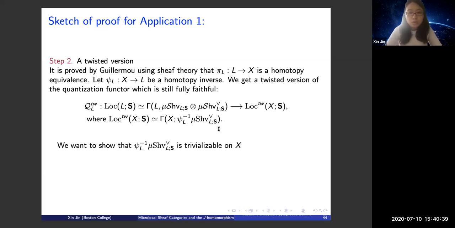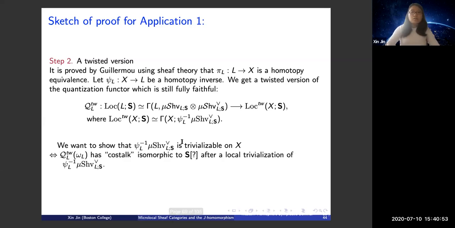So the goal is to show that this twisting is trivial. Then of course this mu sheaf LS will be trivial as well. But this is equivalent to showing that when you quantize, here I choose my monoidal unit to be omega L because I do a shriek tensor.